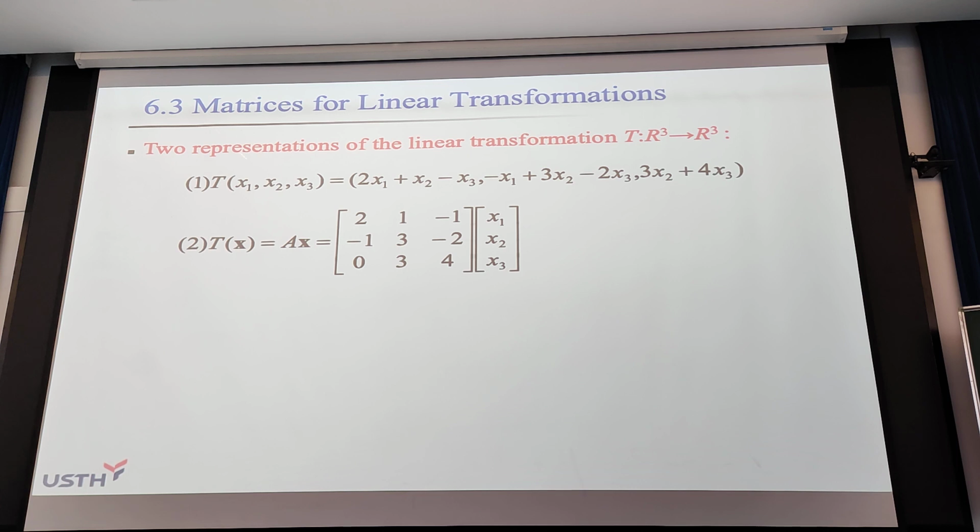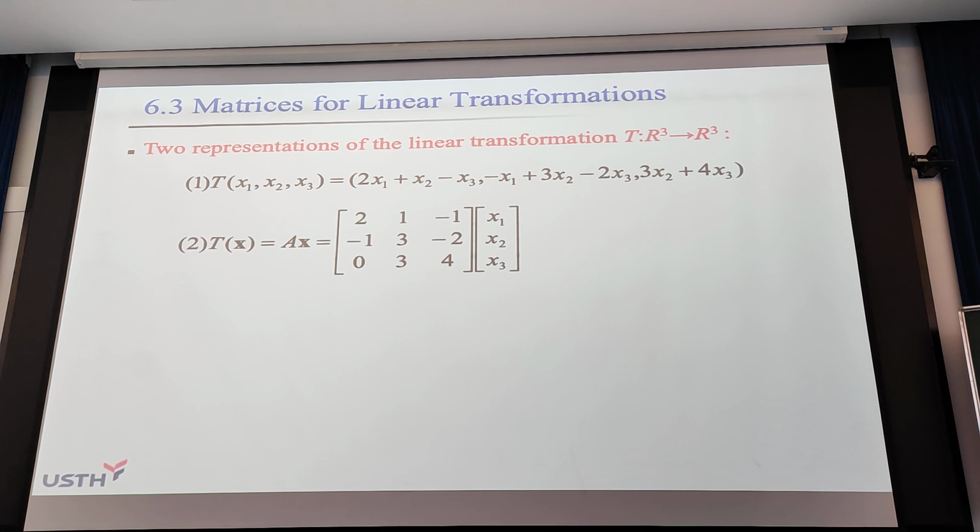The first way, it can be given by a formula like that. T of x1, x2, x3 equals that. But also, it can be given in the form of a matrix multiplication like that. T of x equals A multiplied by x. In that case, A is that matrix. And if you multiply that, you will get the same thing.